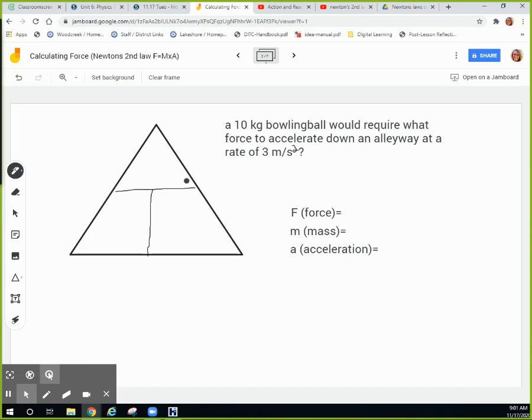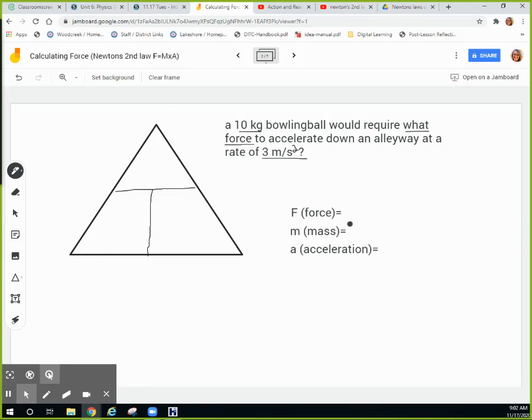All right, so let's do another example. A 10-kilogram bowling ball would require what force to accelerate down an alleyway at a rate of 3 meters per second squared? So what is the force? Okay, we don't know the force. Now I need to know, is the 10 kilograms or the 3 meters per second squared my mass?